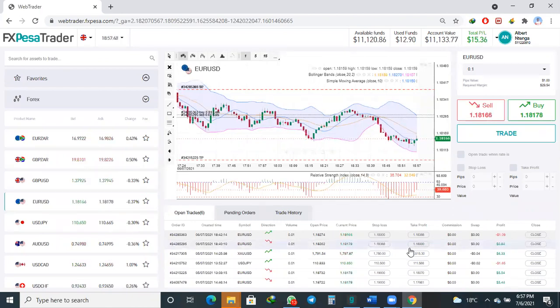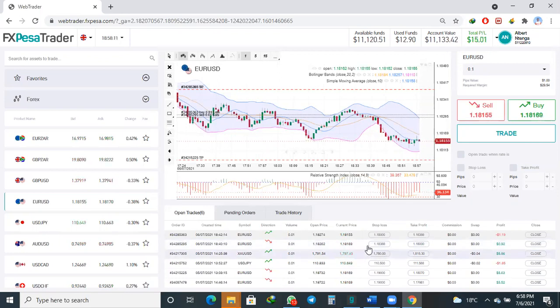Number two, now let's say we want to close that trade. For the trader using a mobile application, it's also straightforward, because once you click on that trade, you'll be given an option to close to your right, and to your left, I think, to modify.